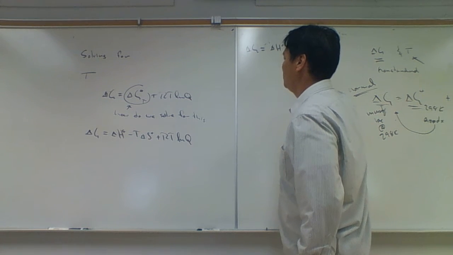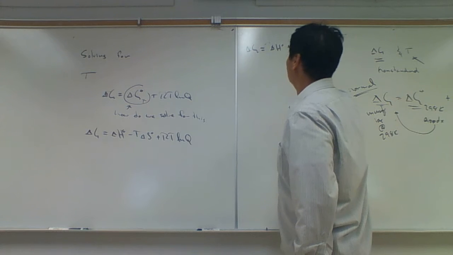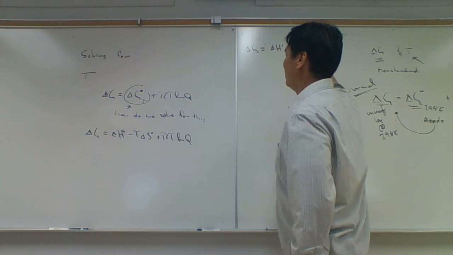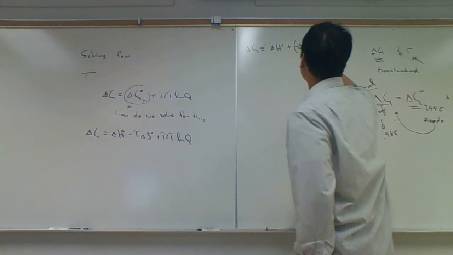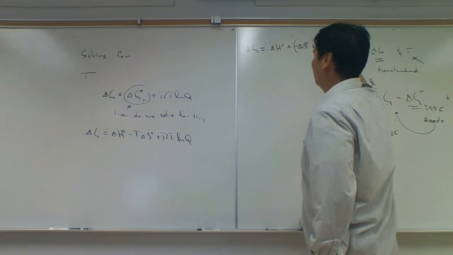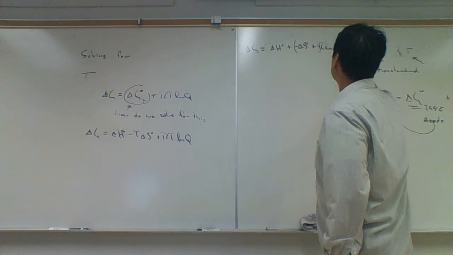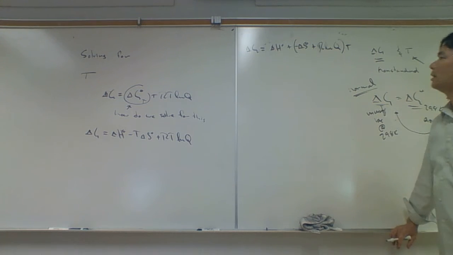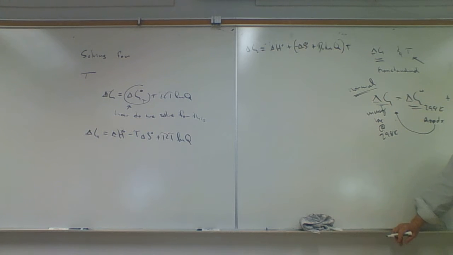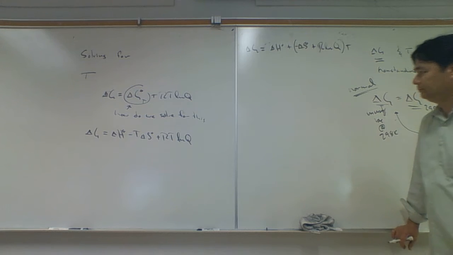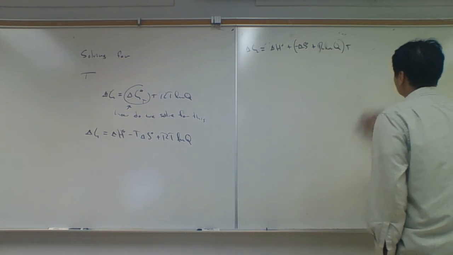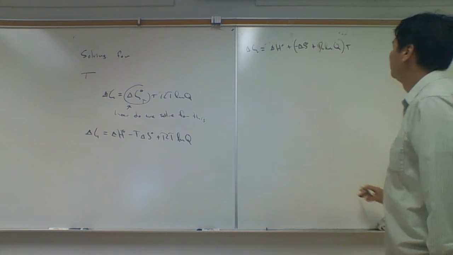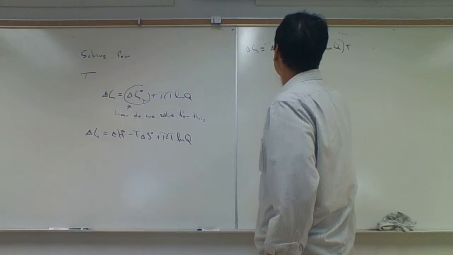We'll factor out the T, so we'll go plus a minus delta S naught plus R ln of Q times T. So, and then we go, what?